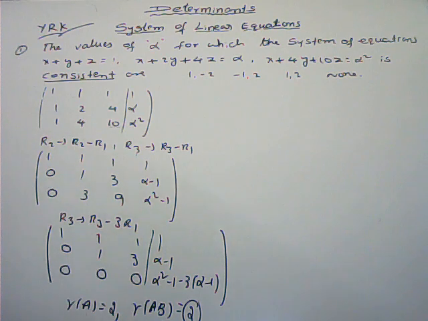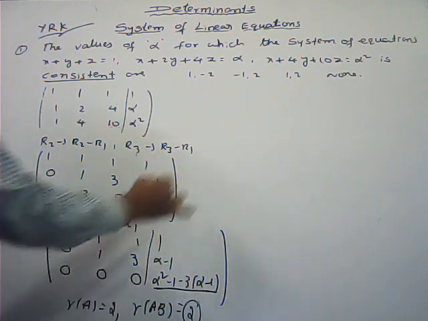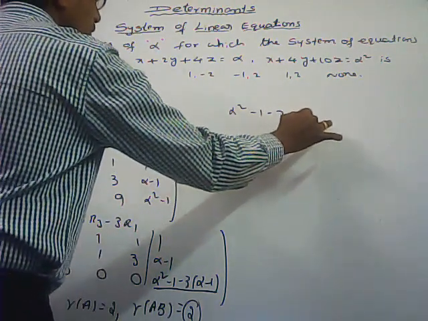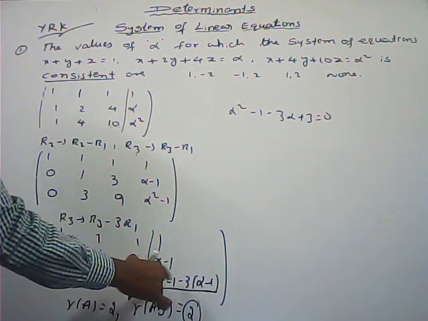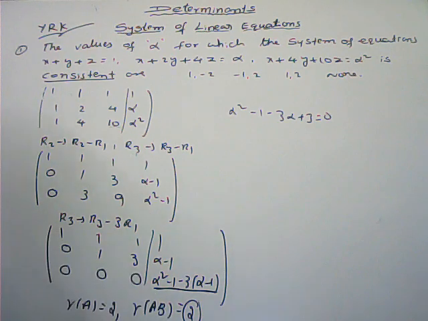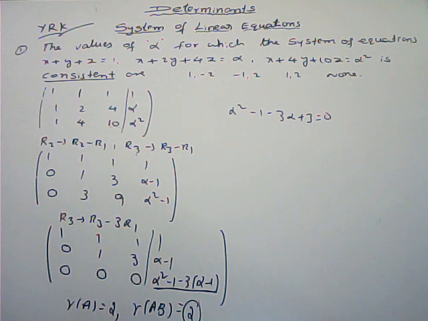To get 2, the total term, alpha square minus 1 minus 3 alpha plus 3, should be equal to 0. If it is 0, the augmented matrix has 2 non-zero rows. So rank of A is equal to rank of AB, both equal and less than n. 2 we are getting, so there exist infinitely many solutions.